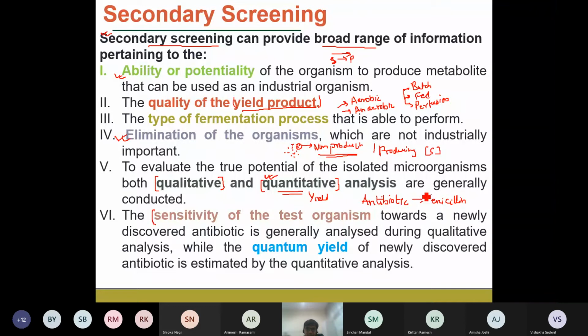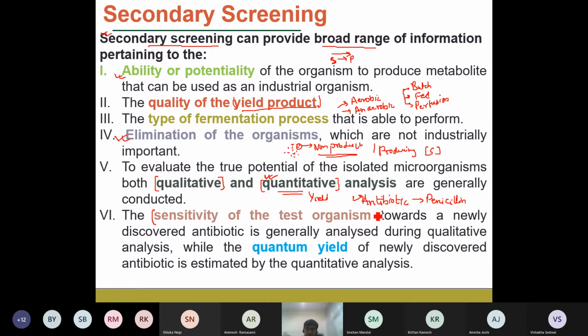So when you are producing antibiotics, you need to quantify or characterize your product. What are antibiotics doing? Antibiotics work to kill microorganisms, and there are different spectrums of antibiotics.